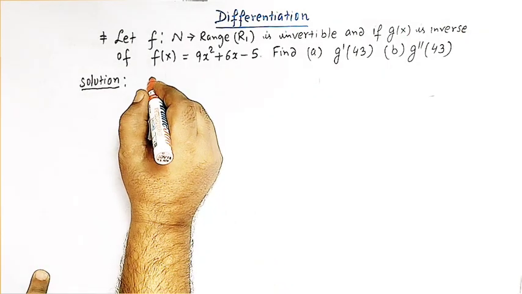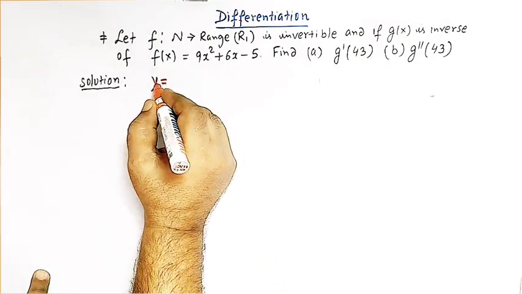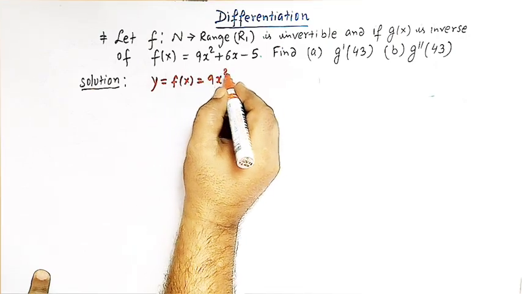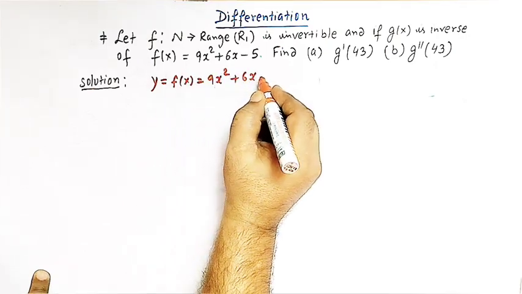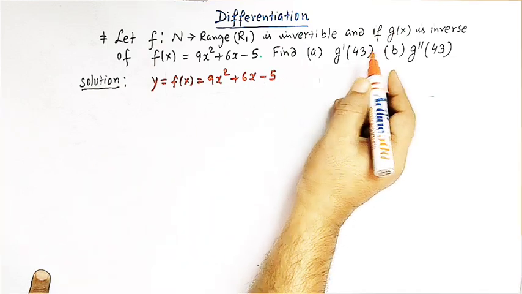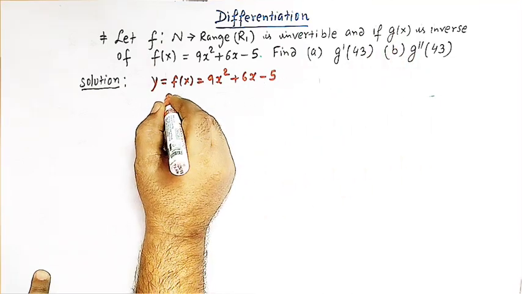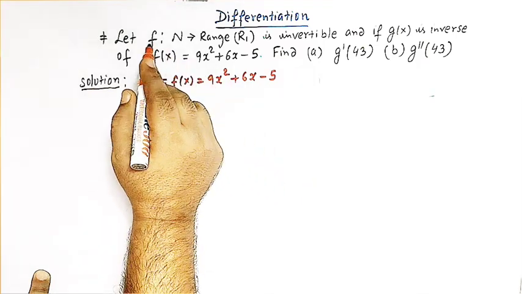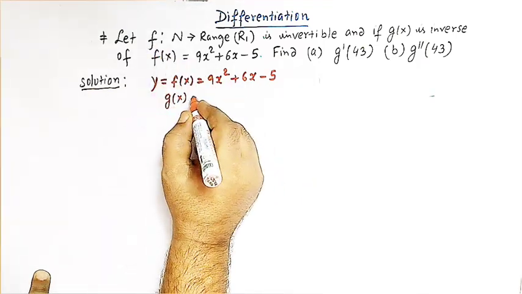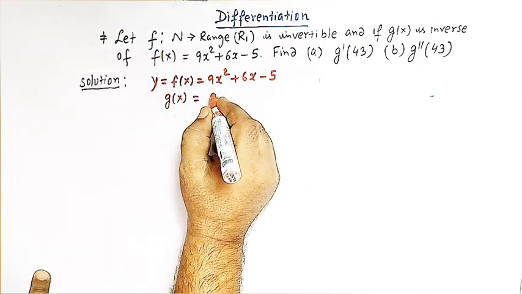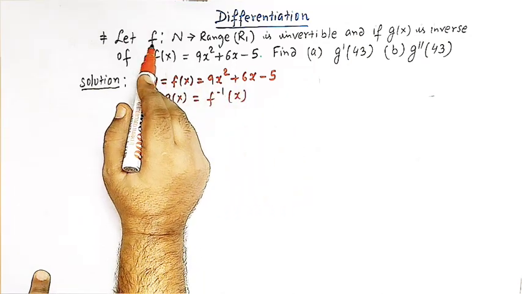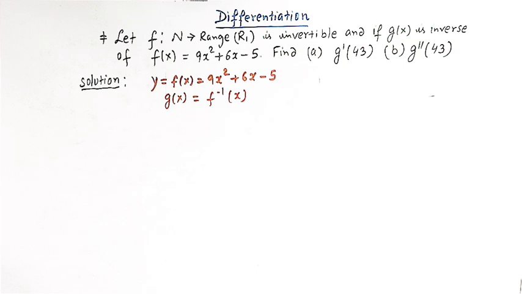So here we are given a function, say y is equal to f of x, that is 9x square plus 6x minus 5, and g of x is given to be the inverse of this function f, right? So g of x is equal to f inverse of x, right? So the function f of x is given to be invertible.